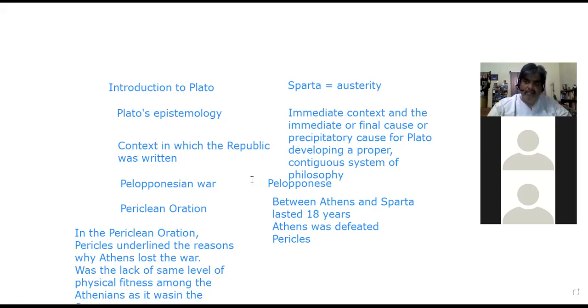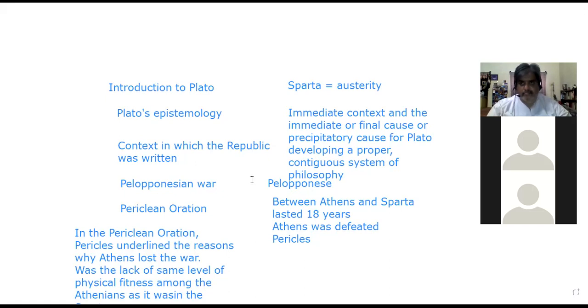There aren't too many philosophers in the Western philosophical tradition who have laid emphasis on a system of education as the building block of, well, in the case of Plato, the Republic.